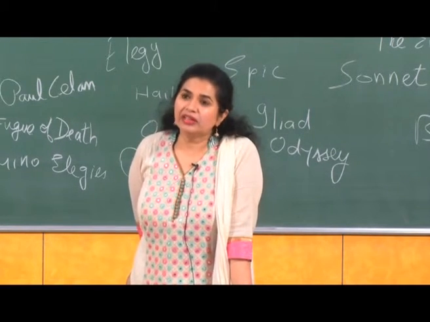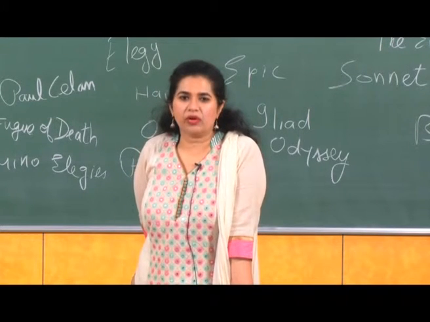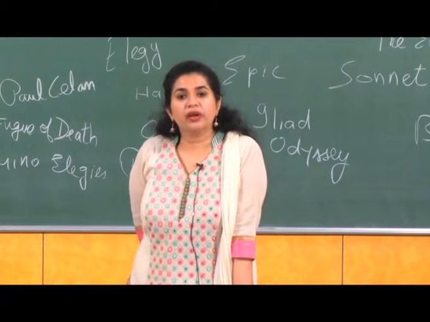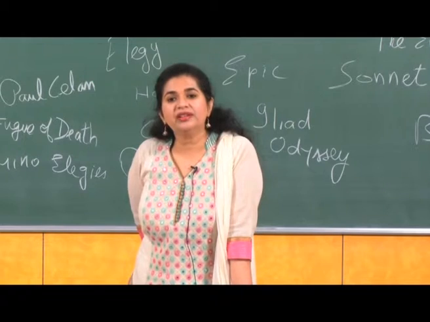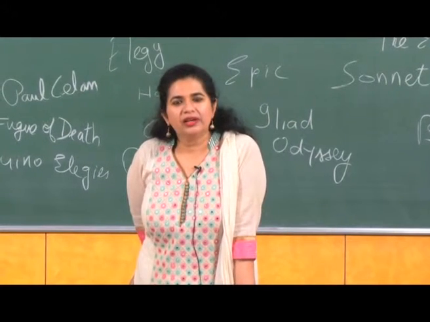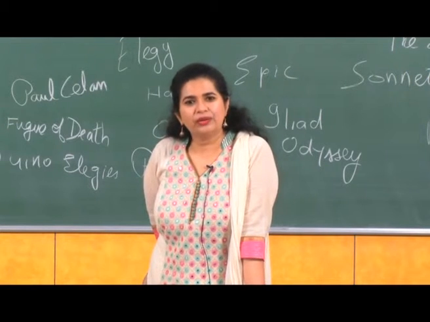The odes of the English Romantic poets, and that is what we are doing, vary in stanza forms. They often address an intense emotion at the onset of a personal crisis, for example Coleridge's Dejection: An Ode.